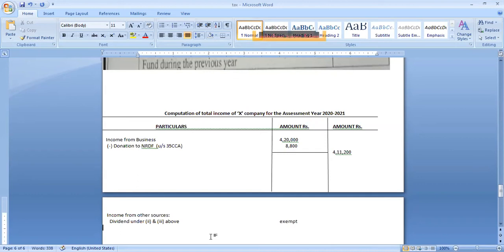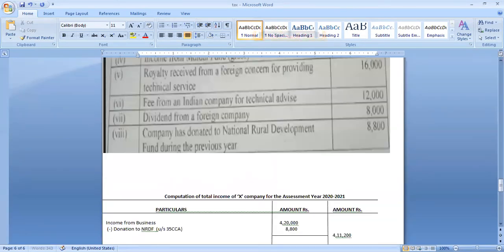Similarly, income from mutual fund is also exempt. Okay, exempt.